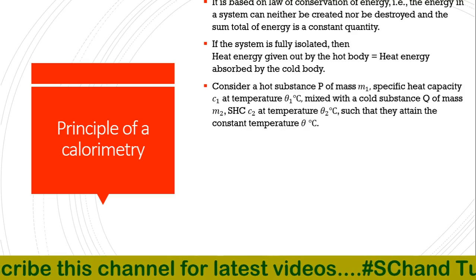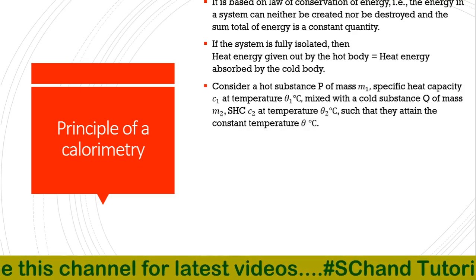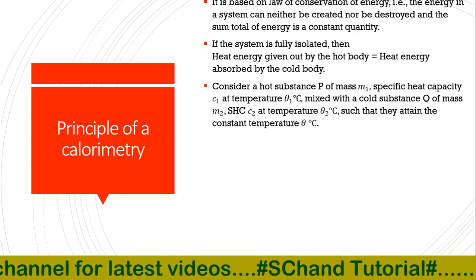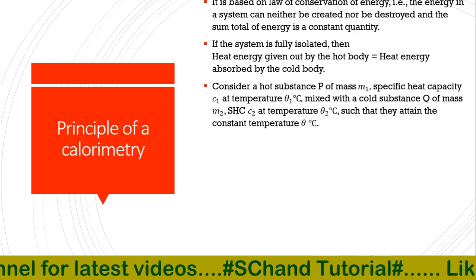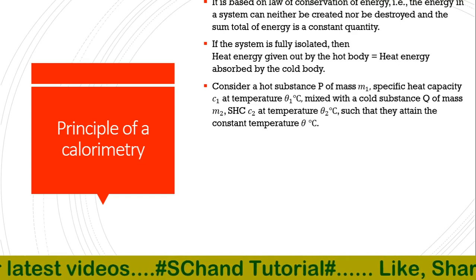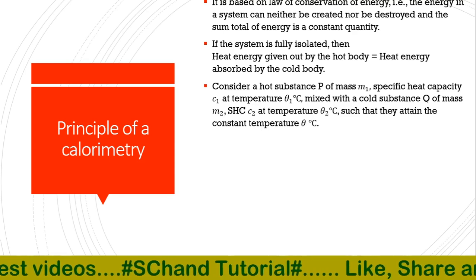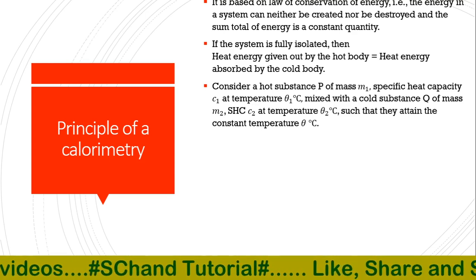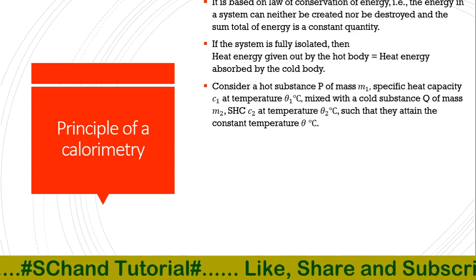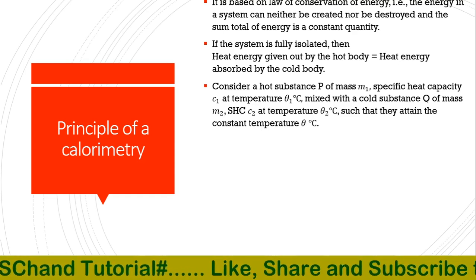Here we consider a substance P of mass M1, specific heat capacity C1, and temperature θ1, mixed with the cold substance Q of mass M2, specific heat capacity C2, and temperature θ2, such that they attain the constant temperature θ.